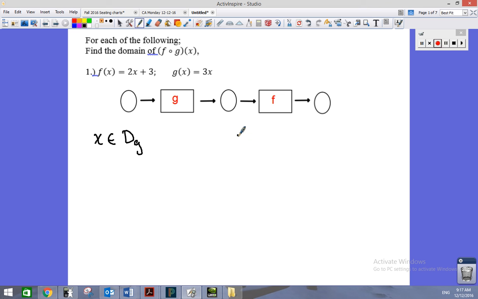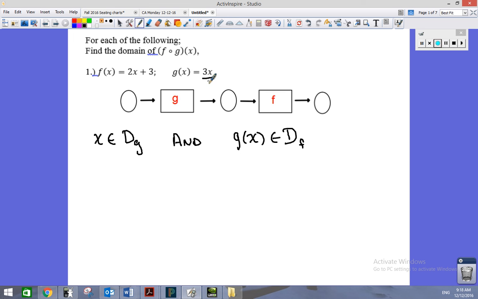Next, the output of g, which we write in function notation as g of x, has to be able to pass through the function f. It has to be in the domain of f. So both of these things have to be true for a number to be in the domain of this function composition.